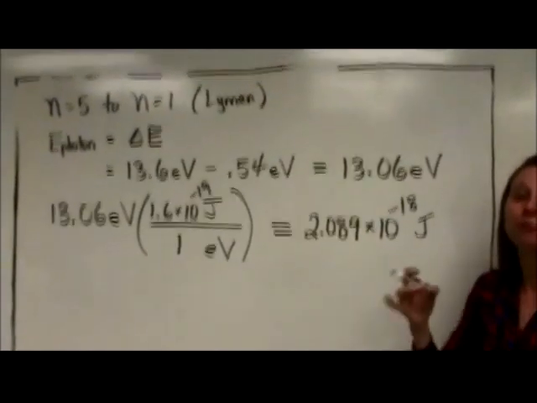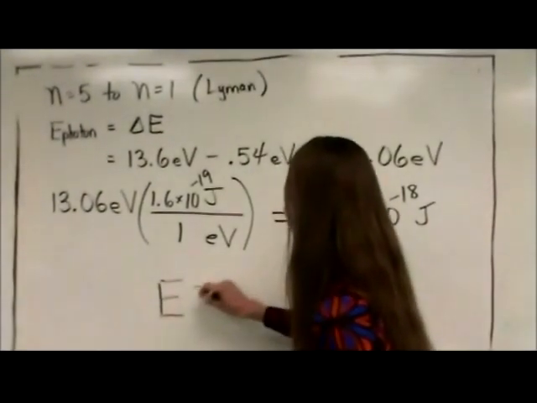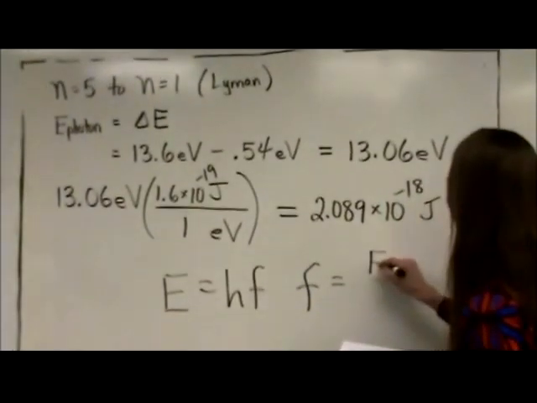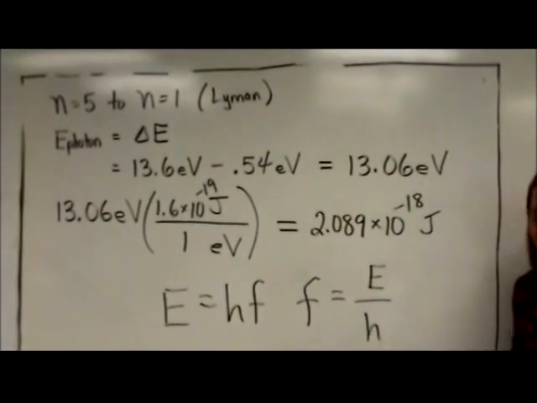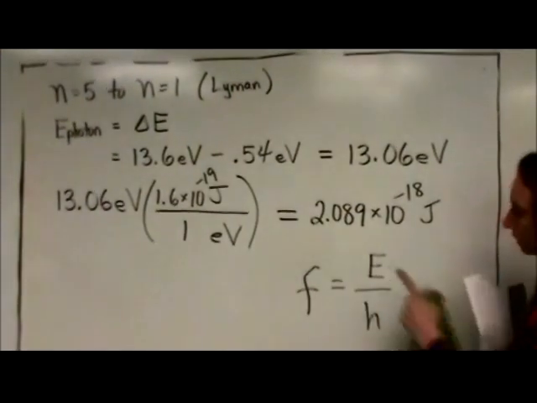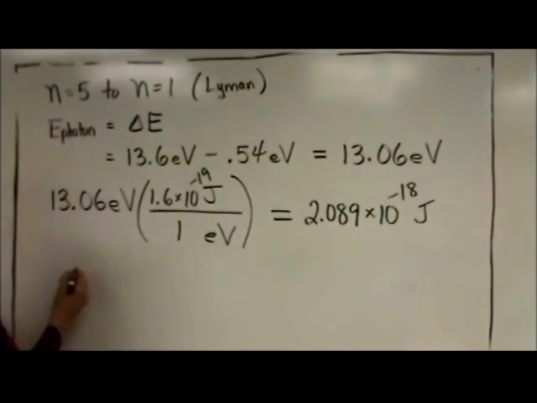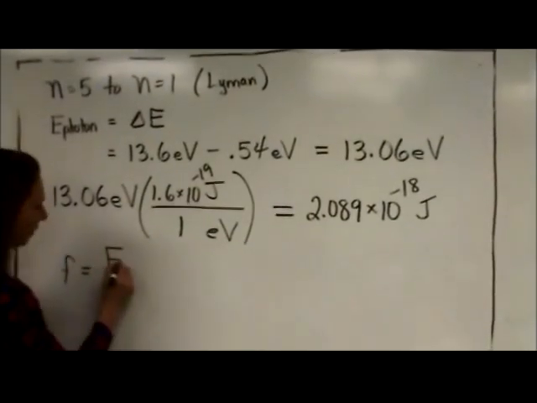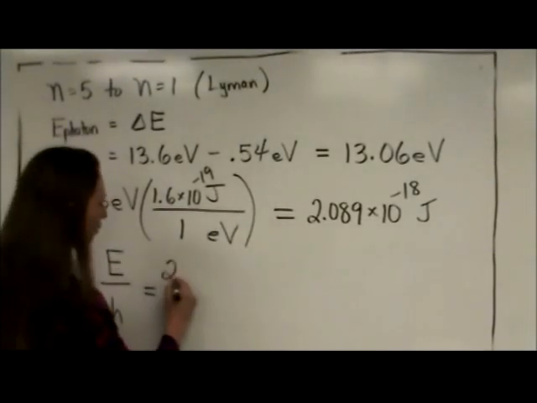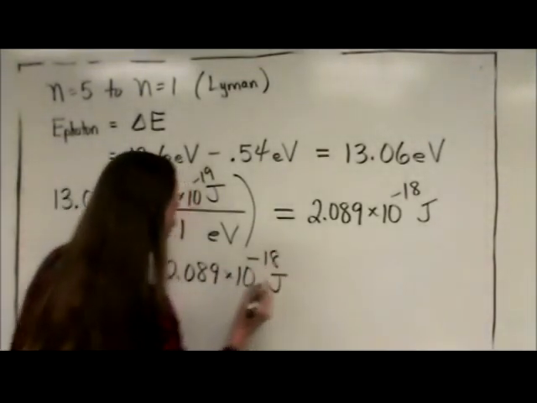Now I want to find out the frequency of that photon. Again, the equation is E equals hf. So if I want the frequency, it's going to be the energy divided by Planck's constant. Frequency equals energy divided by Planck's constant. The energy is 2.089 times 10 to the negative 18 joules.